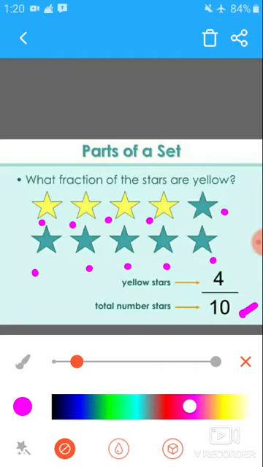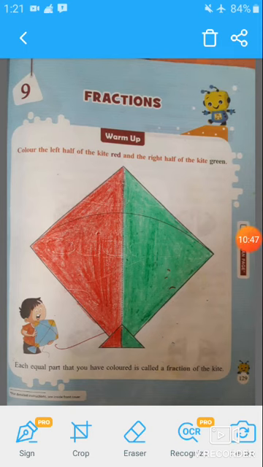Now let's count the total number of yellow stars. 1, 2, 3 and 4. So here you can write 4 as a numerator. Now the fraction of the stars that are yellow is 4 upon 10.